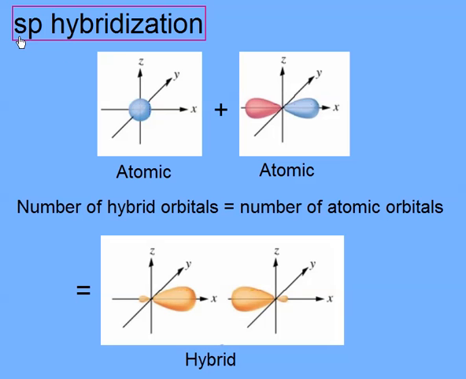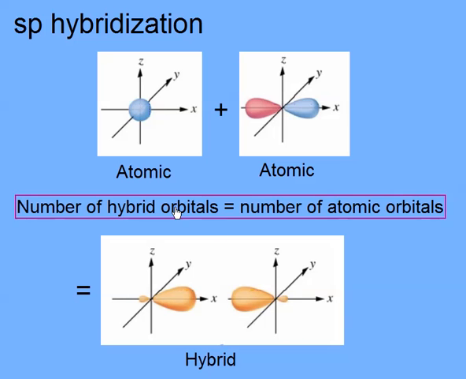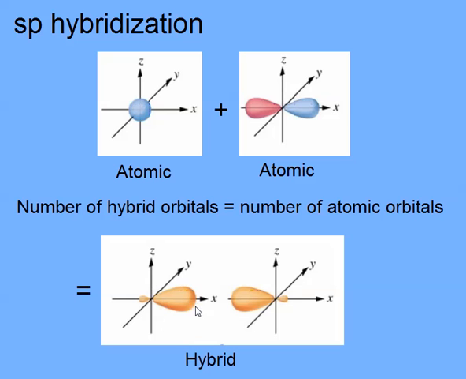This is why we refer to this as sp hybridization. S and p tells us the kinds of atomic orbitals that were used for the hybridization. And because it's two orbitals, we produce two of these hybrid orbitals. And as they come together, the parts which are in phase enlarge that area of the orbital, and the parts that come together out of phase destruct and shrink that part of the orbital.